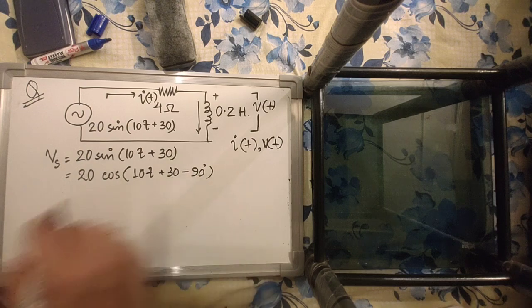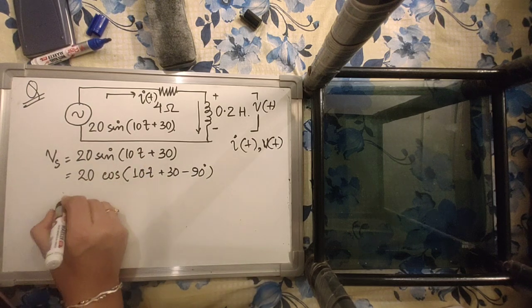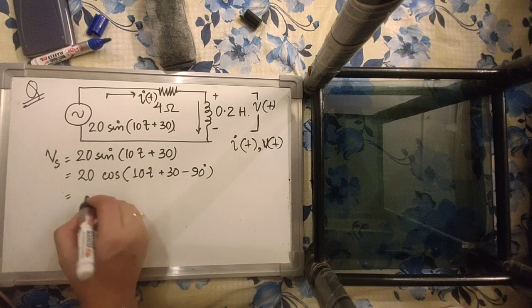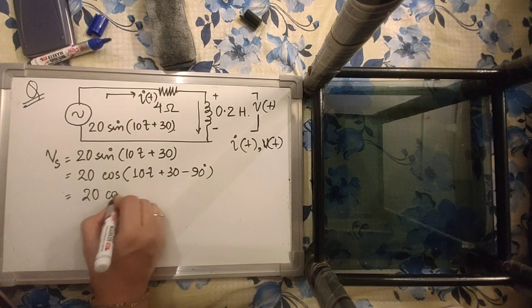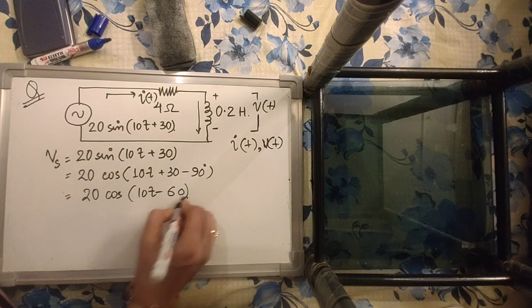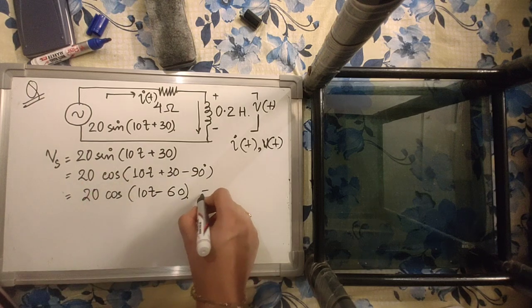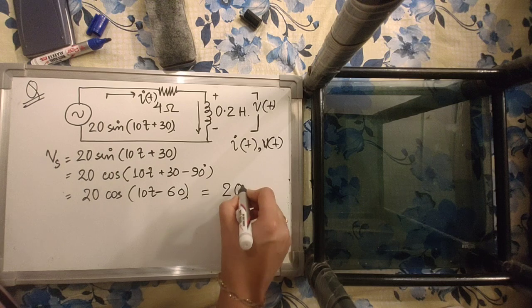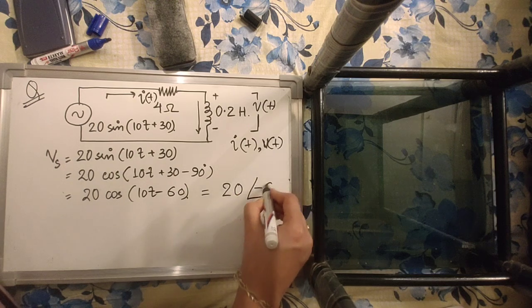Cos of theta minus 90 is sine of theta. So you have this as 20 cos of 10t minus 60. In terms of phasors, I can write it as 20 at an angle of minus 60.